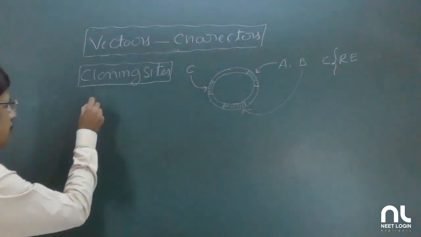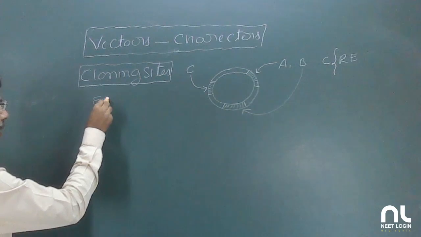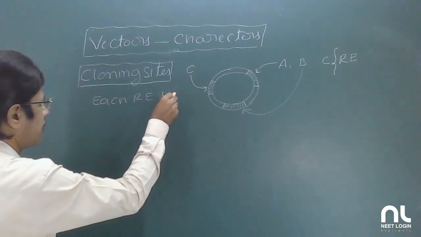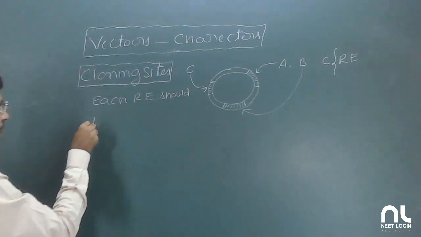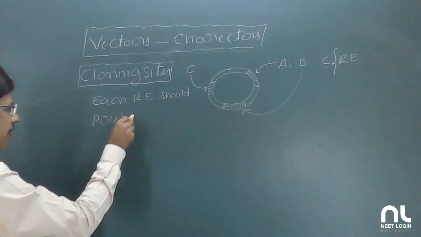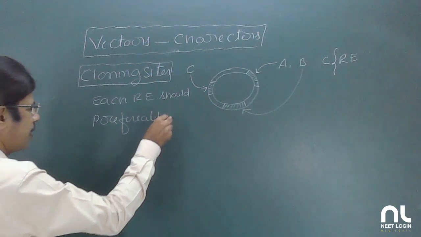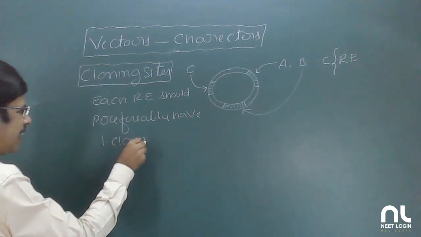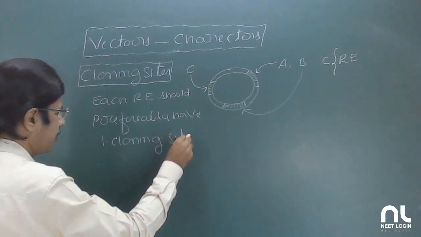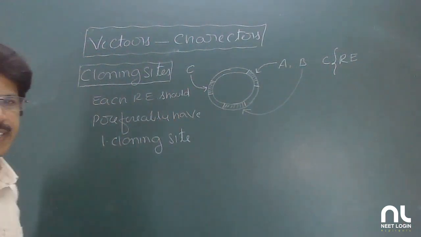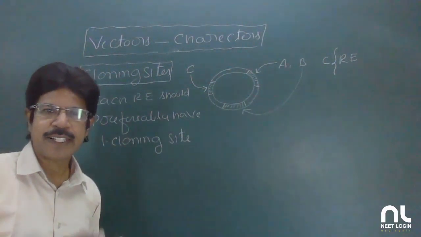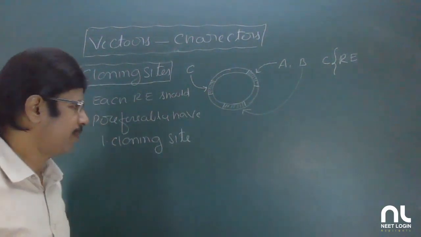Okay. So, each restriction enzyme should preferably have one cloning site. Then no complications in case of the further process.